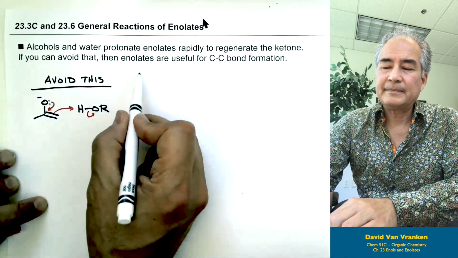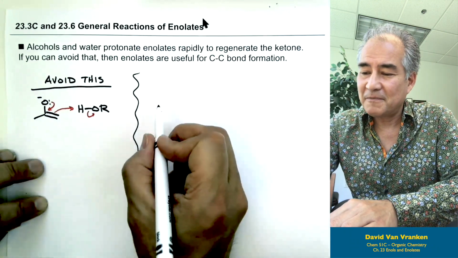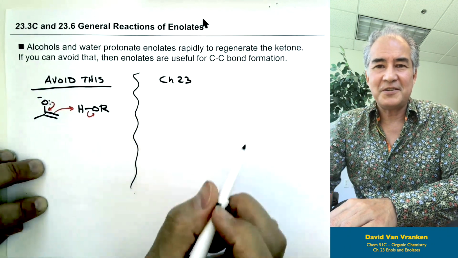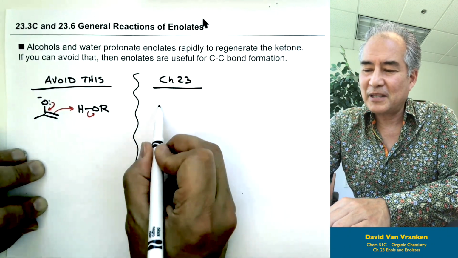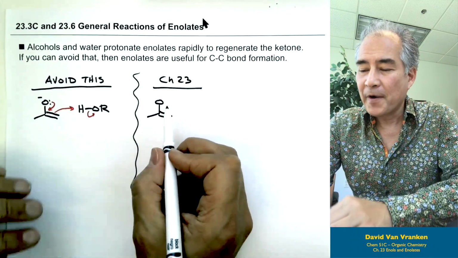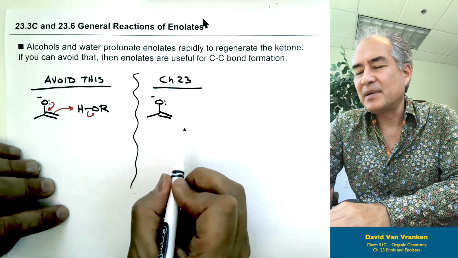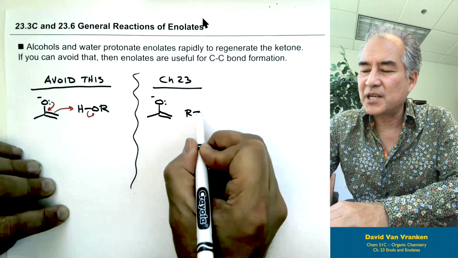That's pretty boring. What are we doing with enolates in this chapter? Here's the stuff we're doing. In chapter 23 of the Janice Gorzynski Smith organic chemistry textbook, we're using enolates to do SN2 reactions. Boring, but still important, though not the main reason we're generating enolates.